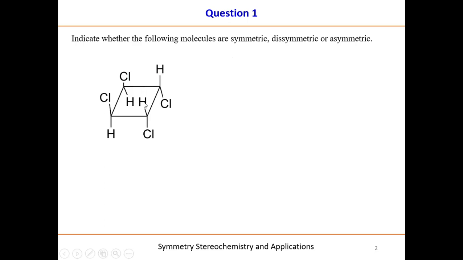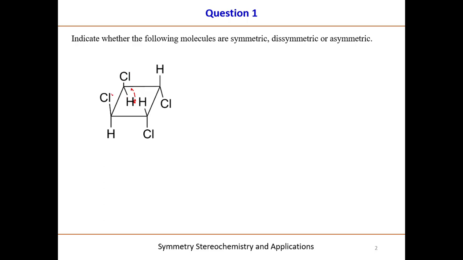So this is the first example. Here you can see a cyclobutane with a chlorine substituted on each carbon. We have to check whether it is symmetric, disymmetric, or asymmetric. So you have to check for an Sn axis. Is any Sn axis present here? If you look, i is present, a center of inversion.